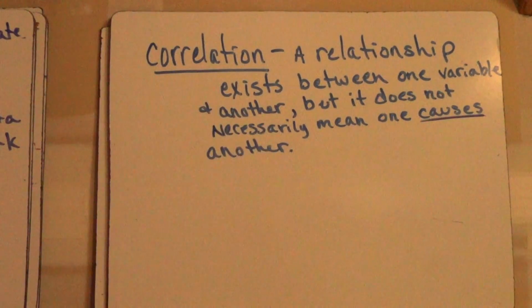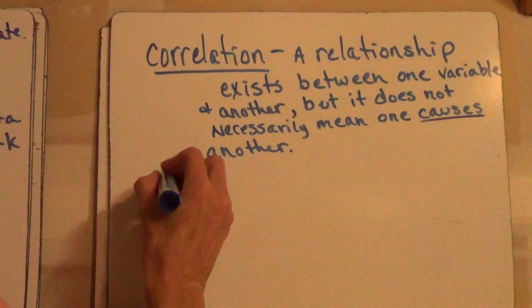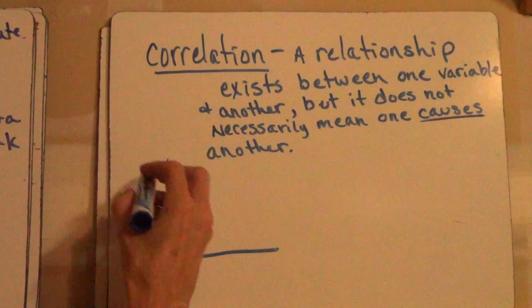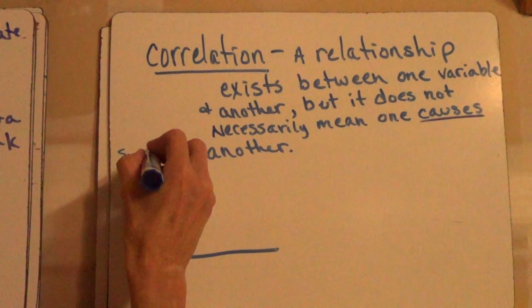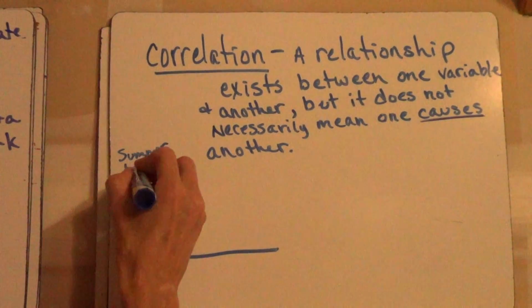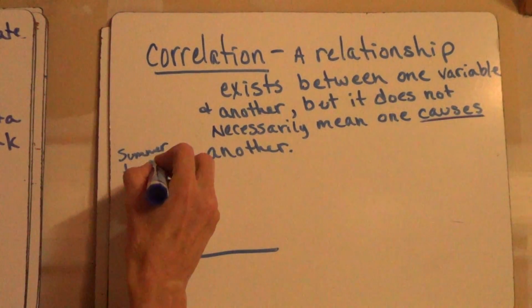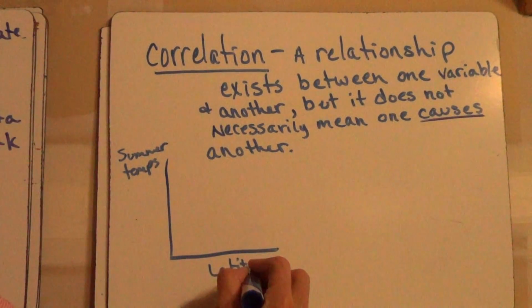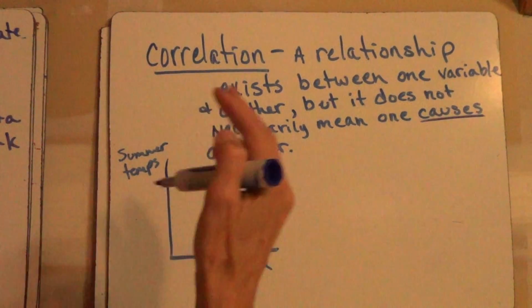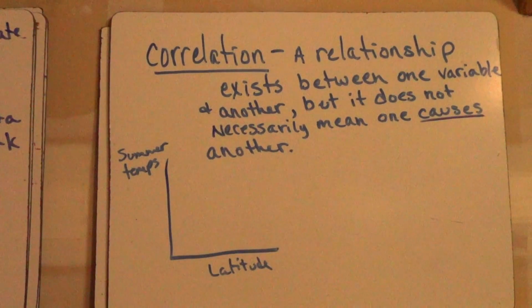Correlation is a relationship that exists between one variable and another, but it does not necessarily mean that one causes another. Okay? For example, we might have summer temps and latitude. We might graph that and see what happens there.